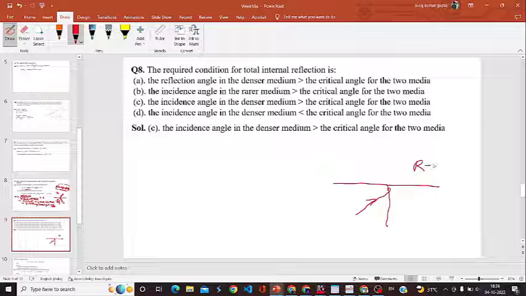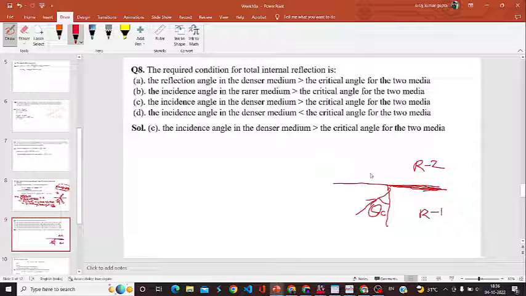If this is region 2 and this is region 1, whatever wave is incident here will not go into region 2. At a particular value of incident angle, let us say the critical angle, the incident wave will travel along the boundary itself. It will not go into region 2.